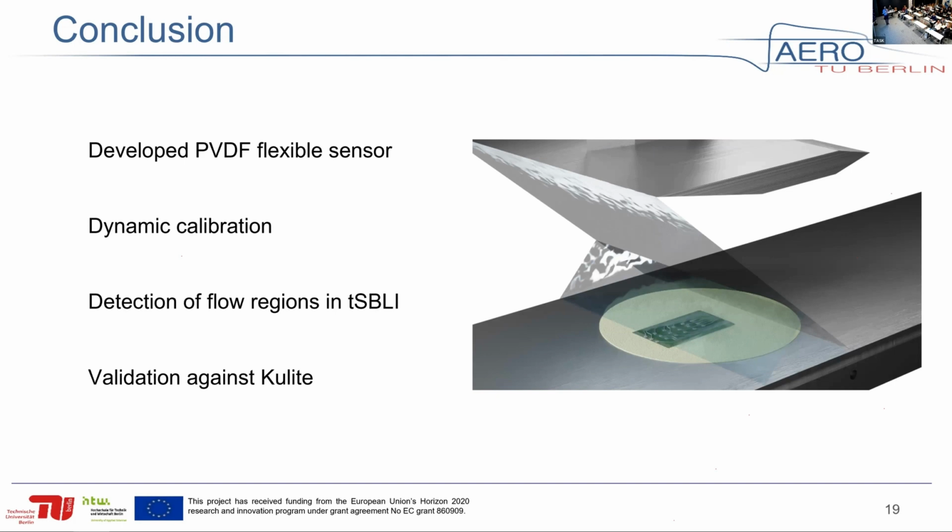The next step, as I said, is to solve the temperature problem, and we'll also implement the sensor in more complex geometries, because this is one of the main advantages of these sensors, that we can, for example, apply them on curved surfaces like compressor blades or shock control bumps.